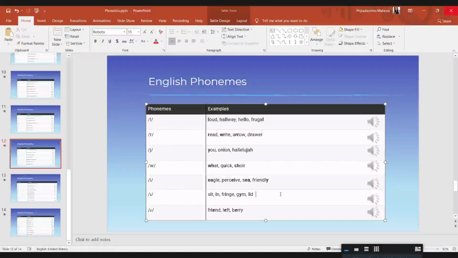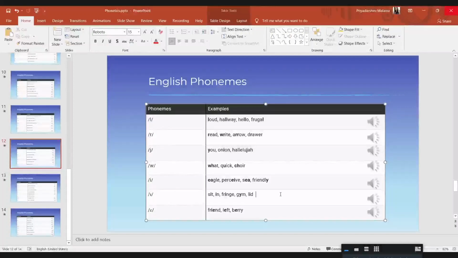You could equate it to how you pronounce badi e in a word. However, look at the next one: sit, in, fringe, gym, lid. You pronounce these e sounds very quickly, with a very short interval, similar to choti e.